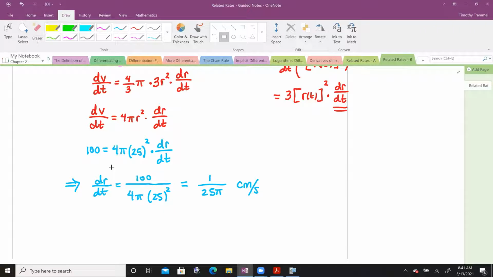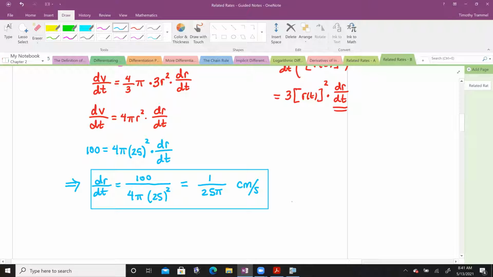And this would be our final answer right here. And if we wanted to find a decimal approximation, we sure could. It would be a pretty small number though, 1 over 25 pi. Yeah, it's about 0.01.